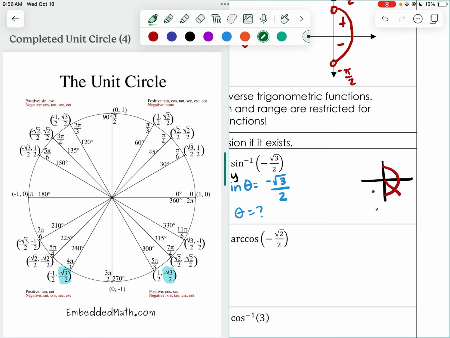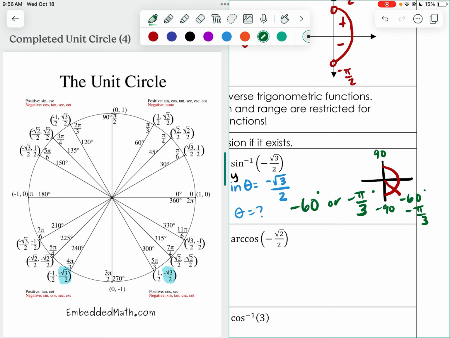If I'm thinking degrees, I could say -90 and +90, so I only want the negatives. I'm not going to say 300 degrees for this. I'm going to say -60 degrees, or in radians, thinking about your reference angles, -pi over 3.